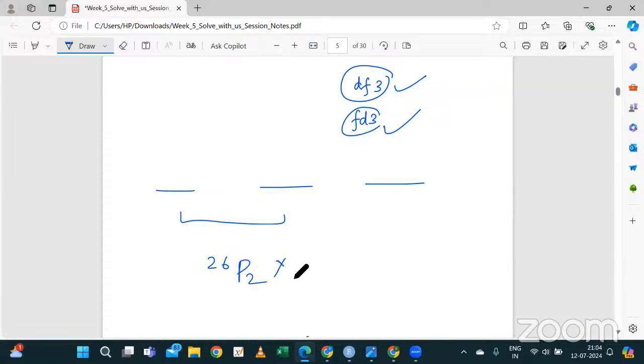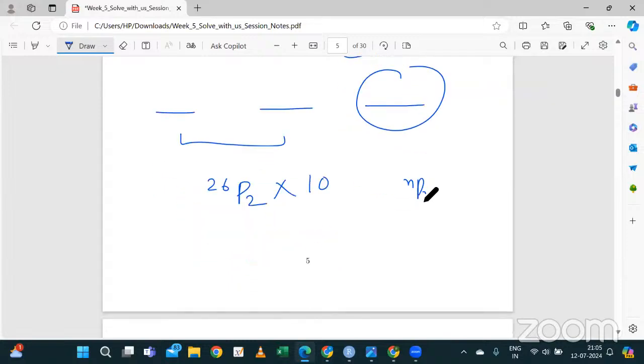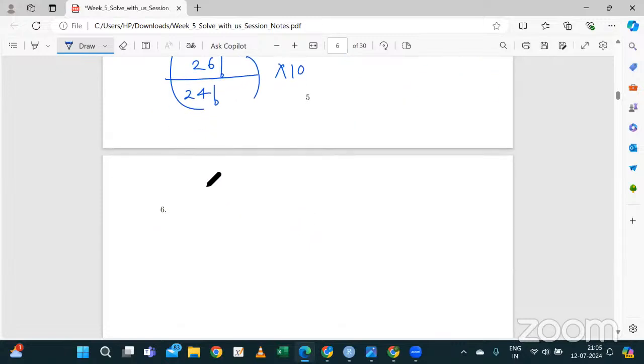For the last digit, we can use any of 10 digits. The formula of nPr is n factorial divided by (n minus r) factorial. It will be 26 factorial divided by 24 factorial, into 10. Now solve this: 26 into 25 into 10.